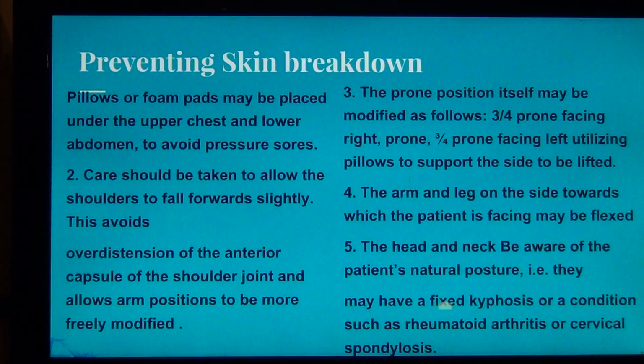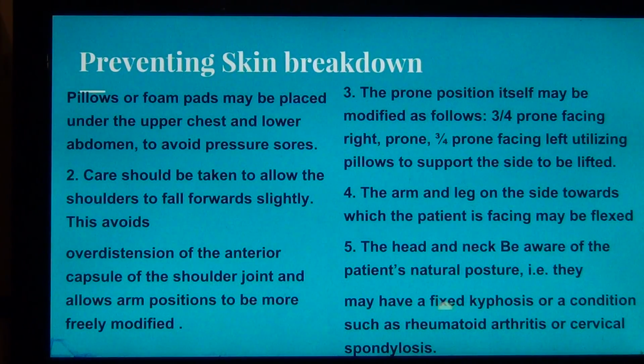The prone position itself may be modified, as in a 3/4 prone facing right or a 3/4 prone facing left, utilizing pillows to support the side to be lifted. The arm and leg on the side towards which the patient is facing may be flexed.